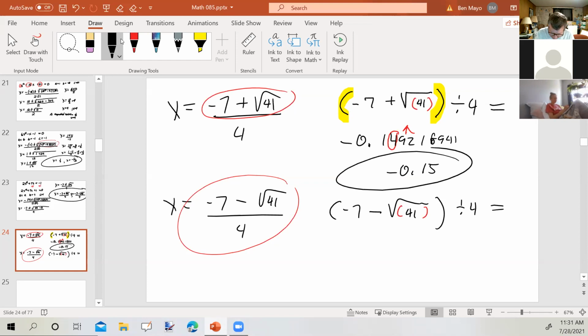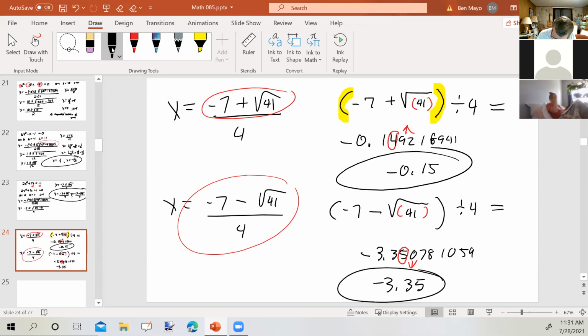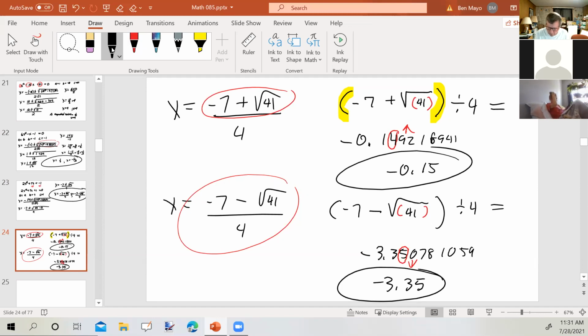I get -3.350781059, but I'm supposed to round to the nearest hundredth, which is 2 decimal places to the right. The 0 would round down, so I'm going to get -3.35 as my other answer. So these are approximate answers to the nearest hundredth.